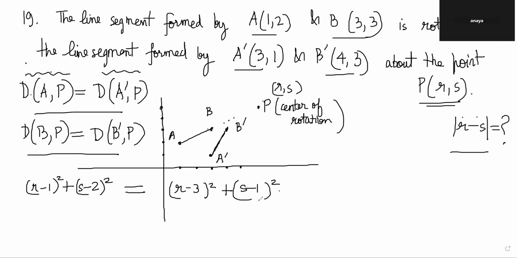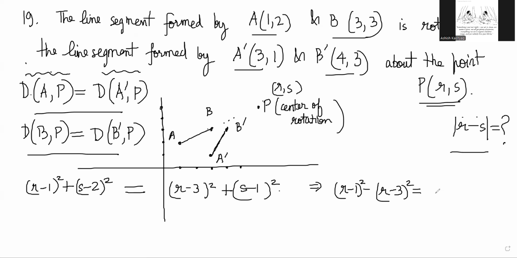Bringing all the r's on one side, you'll get r minus 1 square minus r minus 3 square is equal to s minus 1 square minus s minus 2 square, right? So this will become a plus b into a minus b.